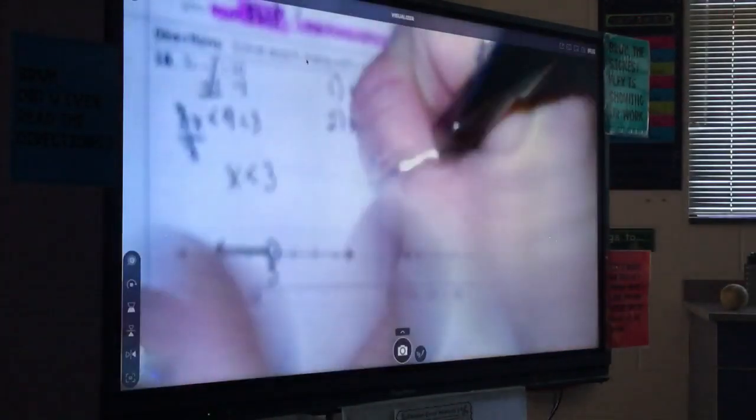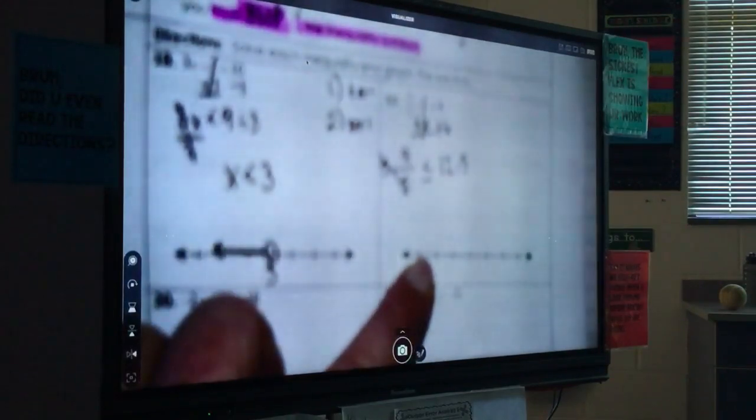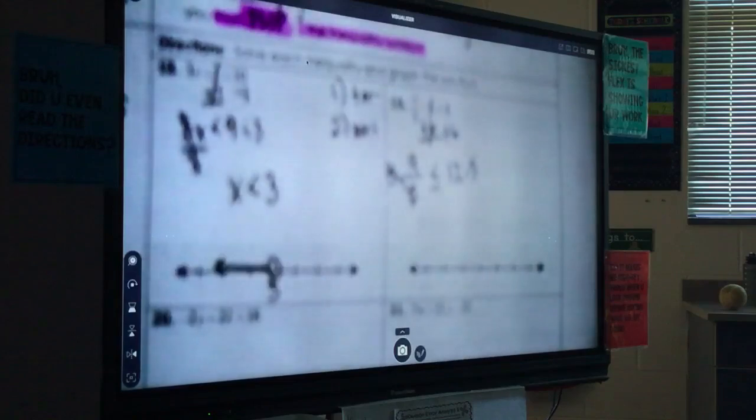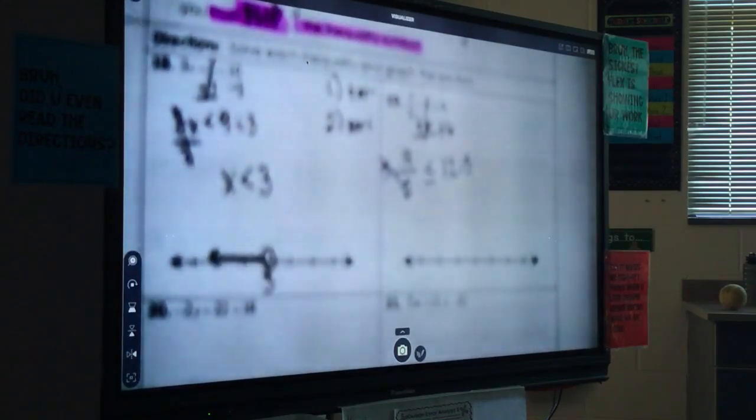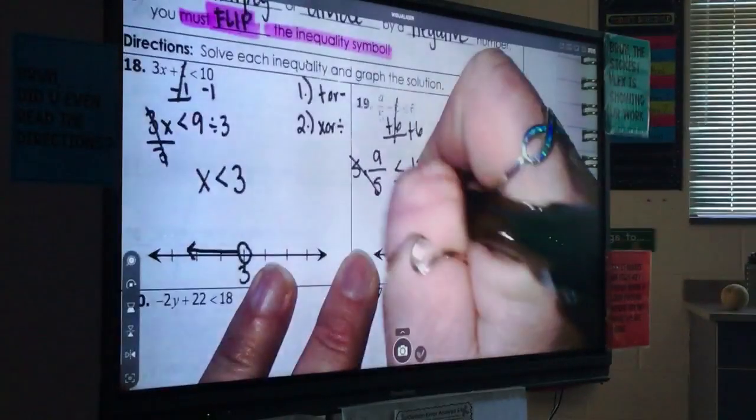Multiplication. So I'm going to times 5 on both sides. 12 times 5 gives me what? 60. So a is less than or equal to 60.